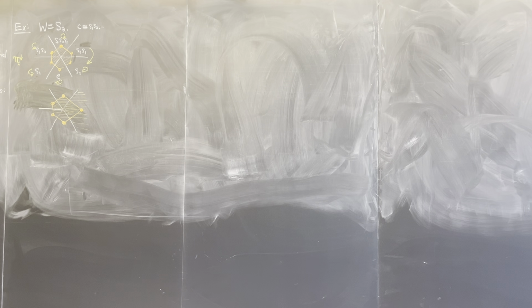You won't see that in S3, because there are only two standard Coxeter elements, and they will give you isomorphic Cambrian lattices. But if I did this in, say, S4, then I could find non-isomorphic Cambrian lattices. Okay?